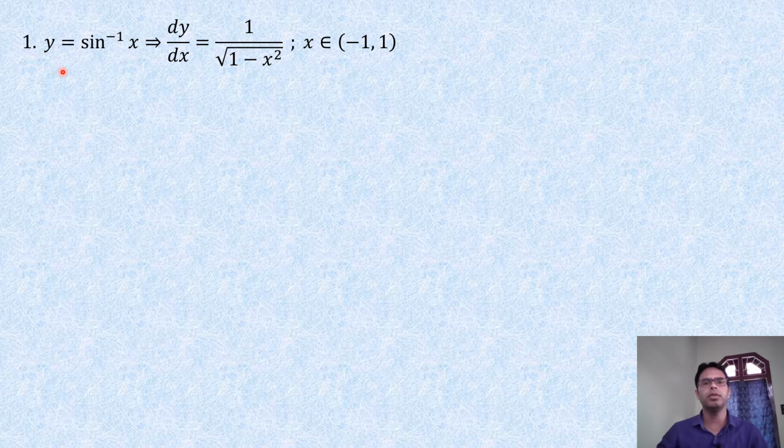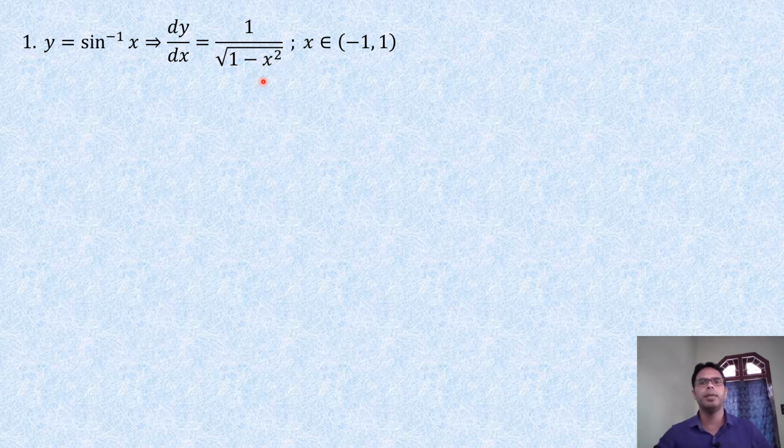So y is equal to sin inverse x, then dy/dx is equal to 1 by root over 1 minus x square. How this derivative is equal to 1 by root over 1 minus x square, I will prove in the next screen. Before that, I am writing the formulas of differentiation of inverse trigonometric functions.